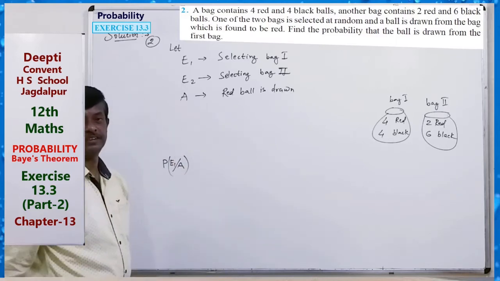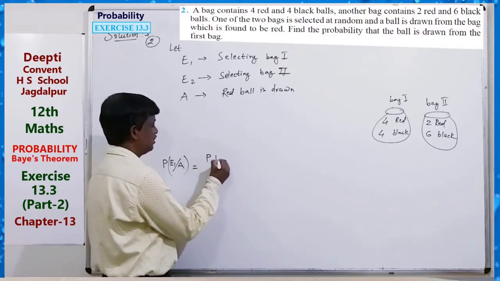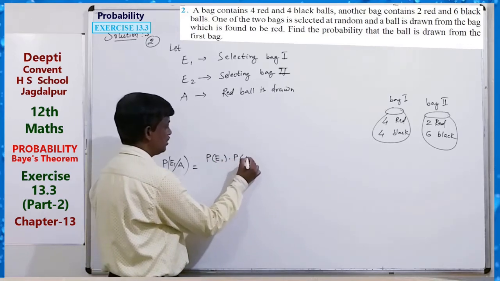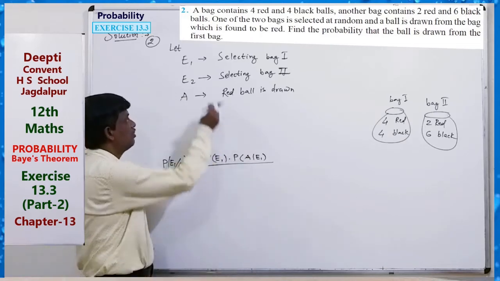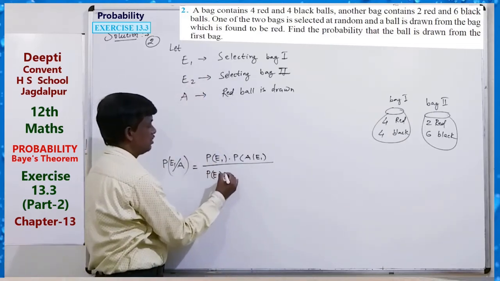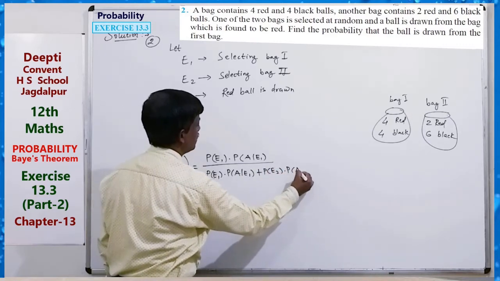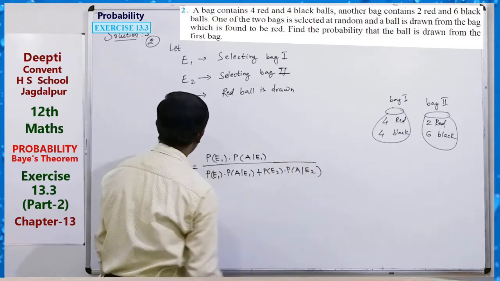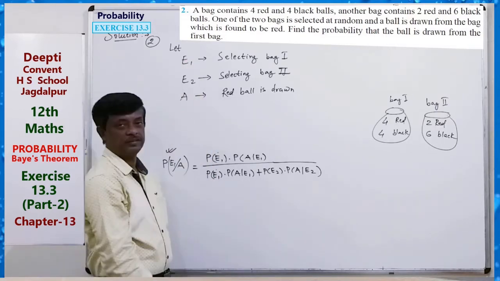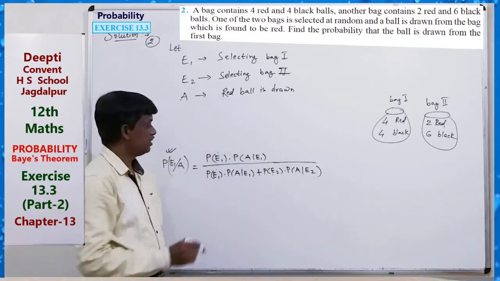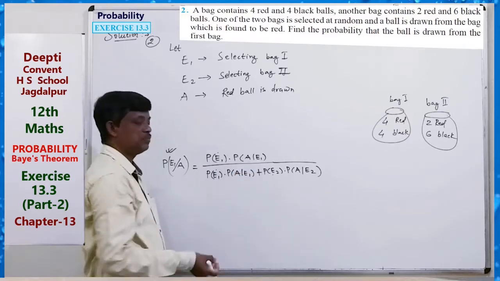We have to find P(E1/A) and use the theorem formula: P(E1) into P(A/E1) upon the total probability, P(E1)P(A/E1) plus P(E2)P(A/E2). This is our main result. For finding this, we require P(E1), P(E2), P(A/E1), P(A/E2). Find these probabilities and put the values here.